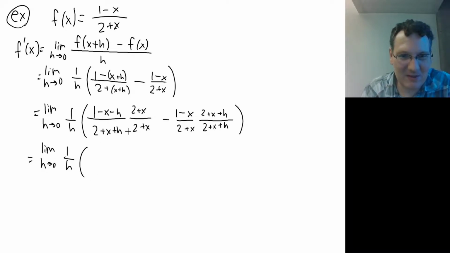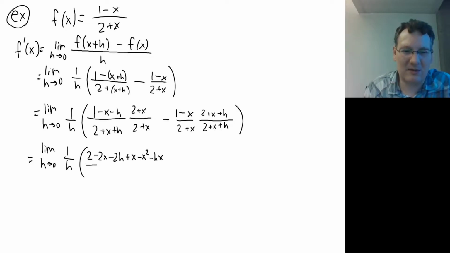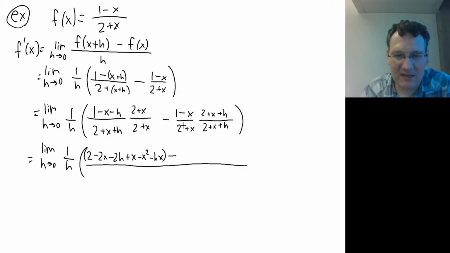Okay, so let's multiply this out. We're going to have 2 times this first, so this is 2 minus 2x minus 2h, and then it's going to be plus x minus x squared minus hx. That's what I get up top. Okay, that's this first fraction. I'll do the second part.